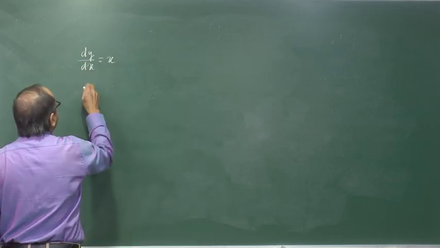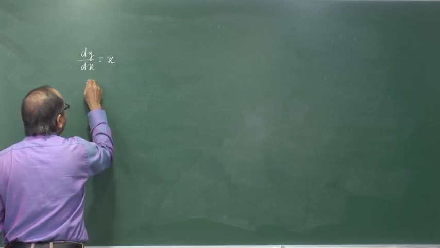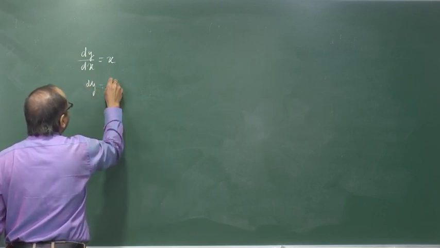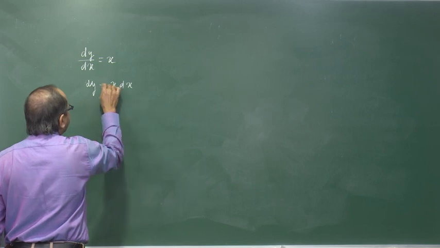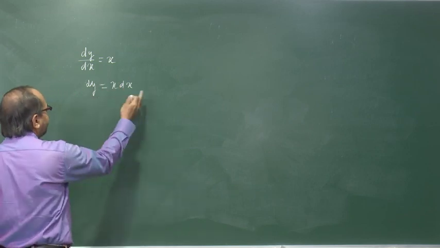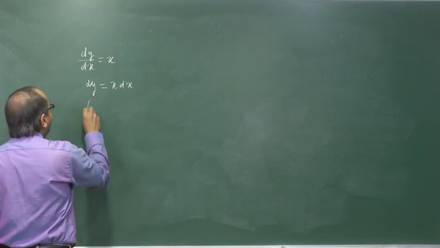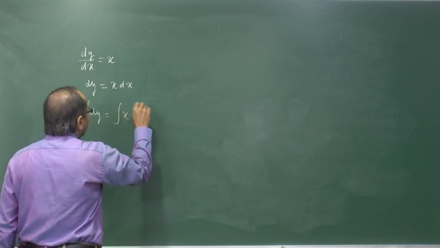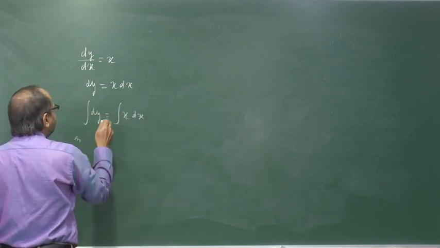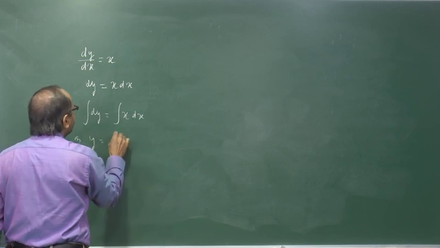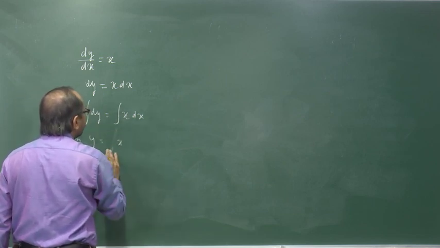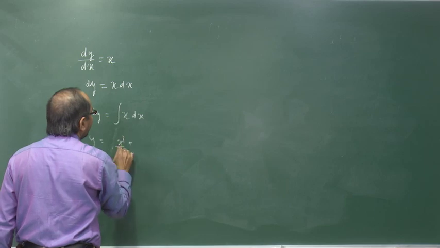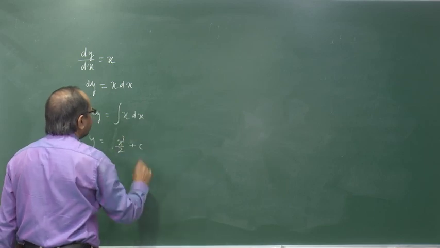Then dy is equal to x dx, a very simple way where we can separate the variables and integrate it. Integration of dy is equal to integration of x dx, or y is equal to x square by 2 plus say c.